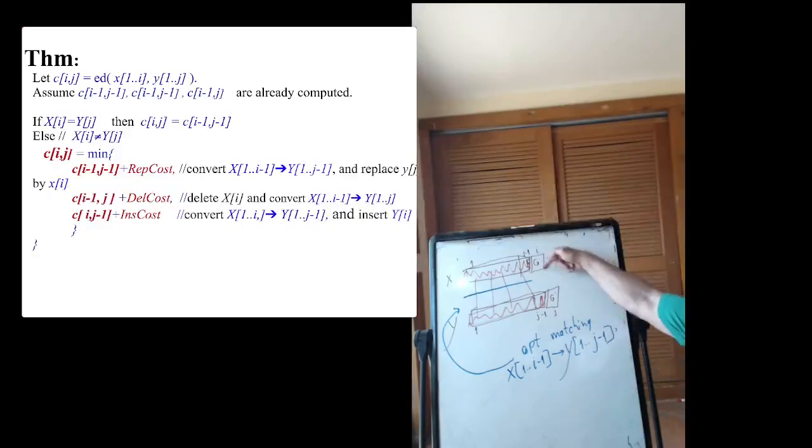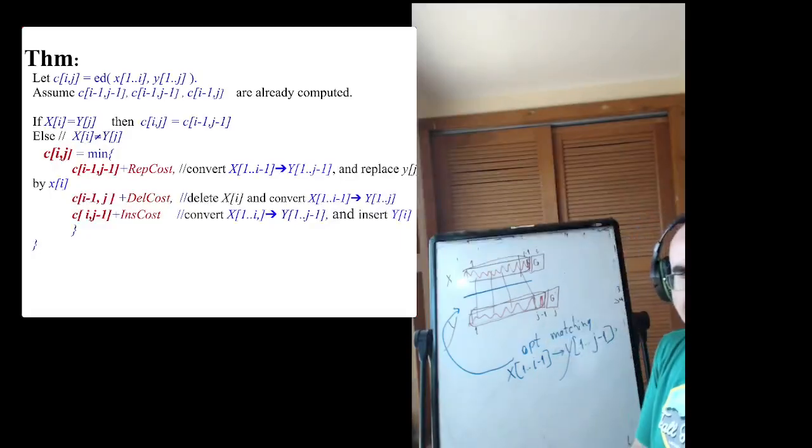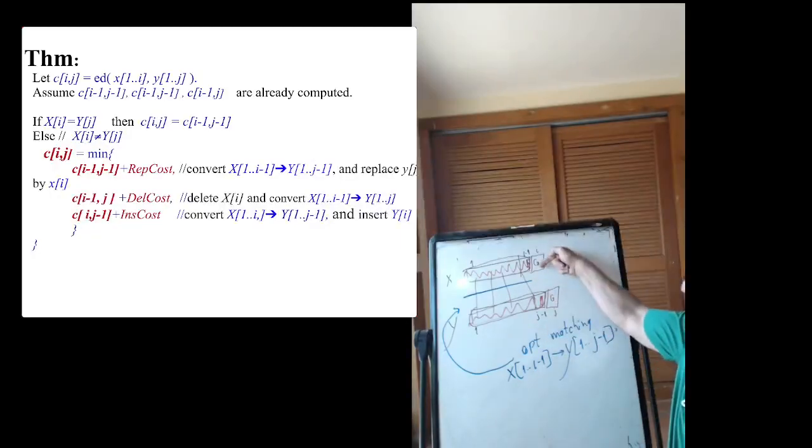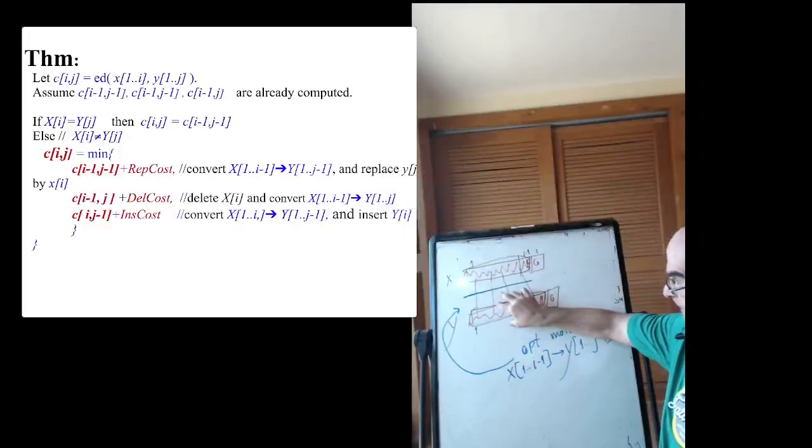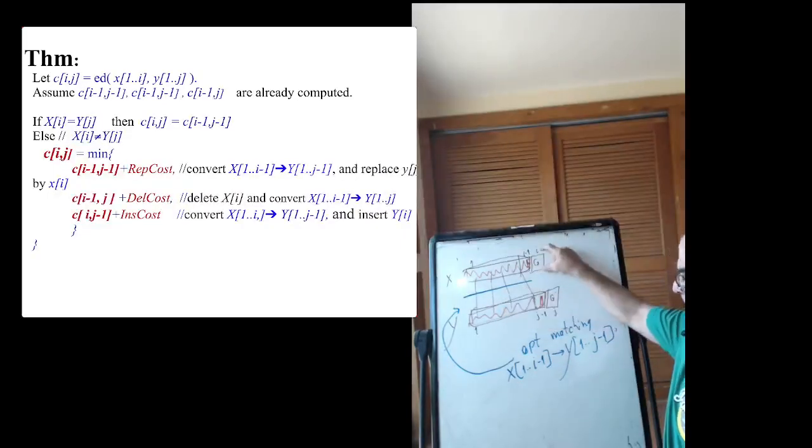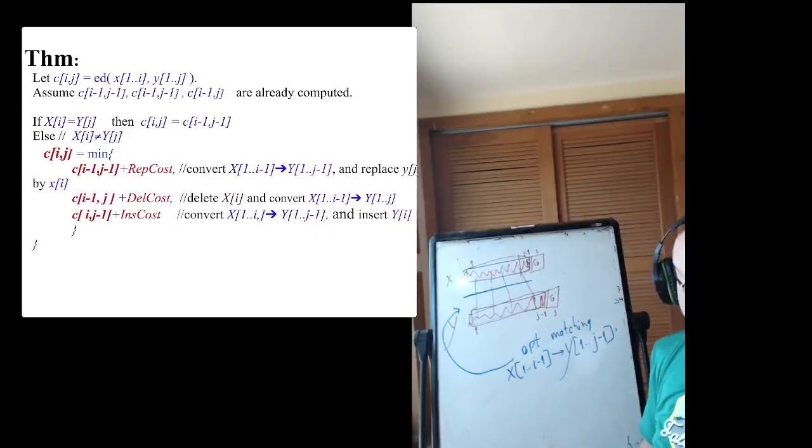Do I need to do anything to this G over here? I don't need to change it. It's right. It's the very same character. Don't delete it, don't replace it, don't add it. Whatever you need to do that takes you from here to here, you don't need to pay anything more because of this G at the end. Make sense?